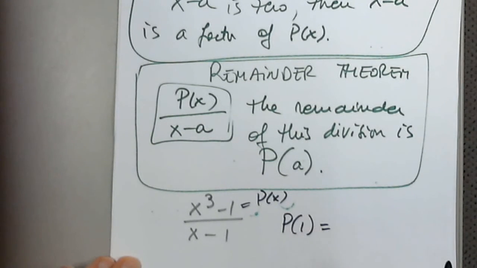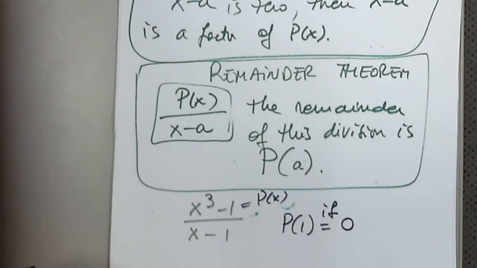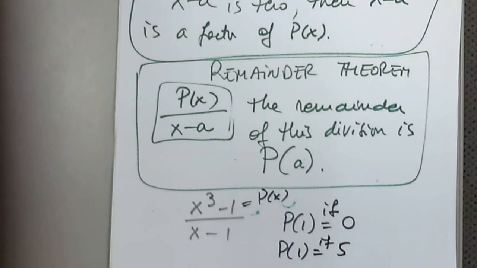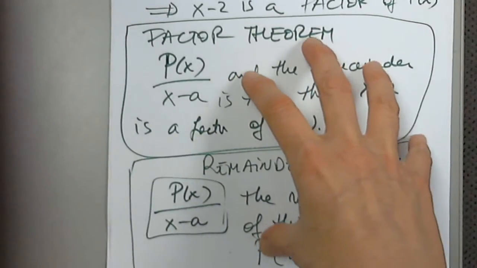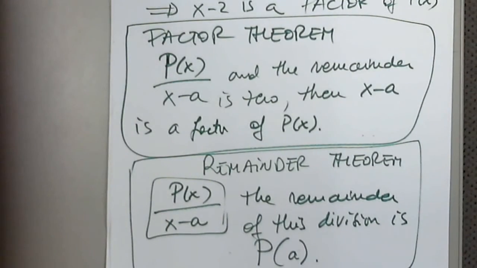So if p of 1 is 0, what will I say about x minus 1? It's a factor of x cubed minus 1. What if p of 1 is 5? I don't know, we haven't calculated it yet. x minus 1 is not a factor. That's when these two theorems come into play.